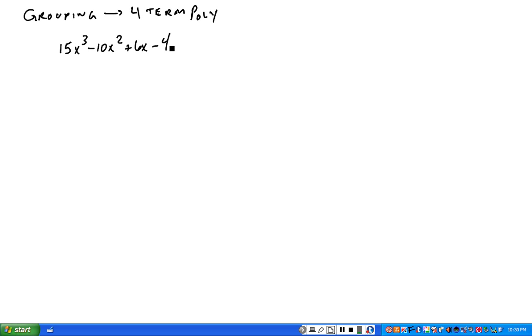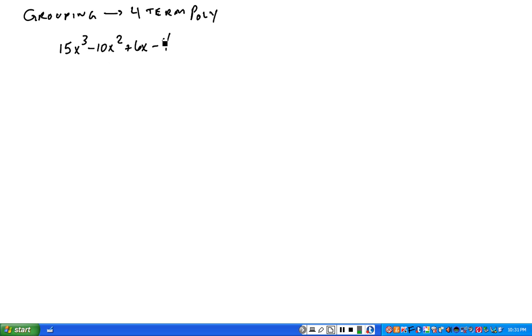So then I check for the variables. This polynomial has the variable x in it, so I want to see if each term has an x. The first term has an x, the second term has an x, the third term has an x in it.